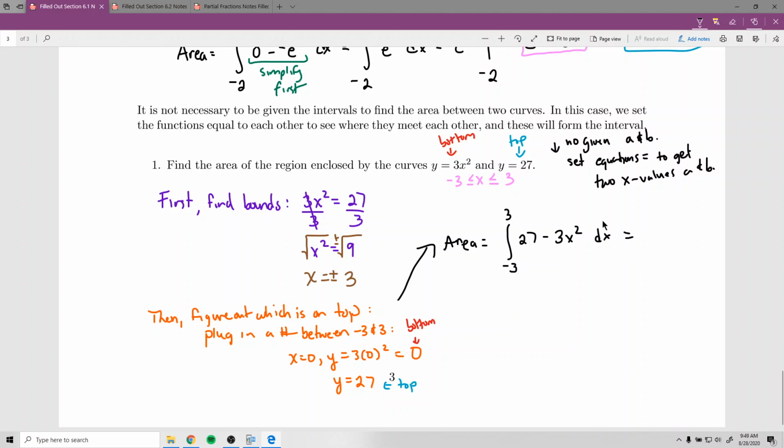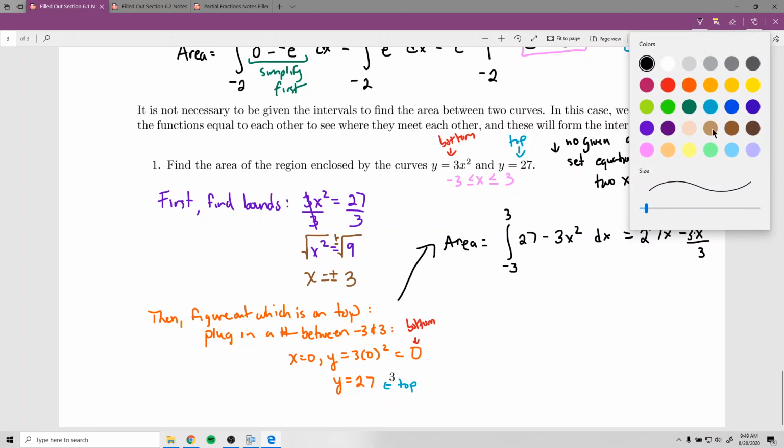We can integrate each part. The integral of 27 is 27x. The integral of 3x squared, we would get x cubed over 3. But since we have the 3 on top, it actually just cancels out and gives you x cubed. Actually, let me go ahead and add the extra step just to be careful.